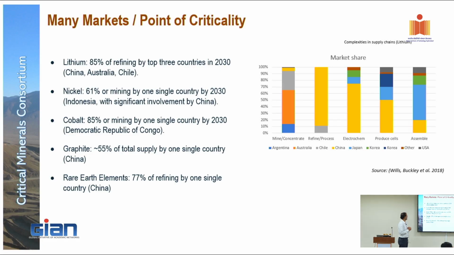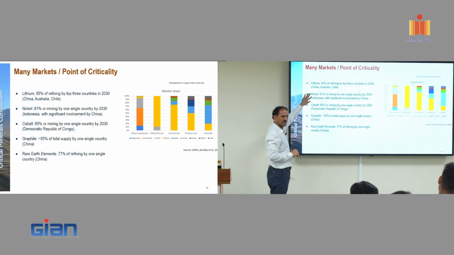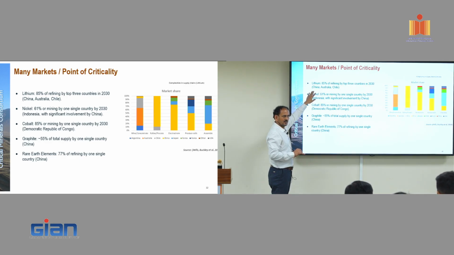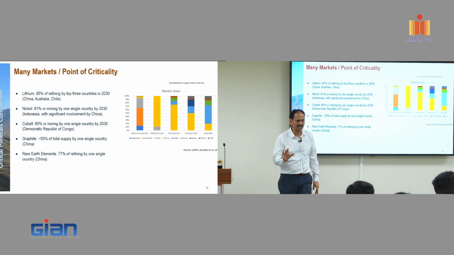Cobalt: the DRC, Congo. Graphite: China, of course. Rare earths are China. So cobalt is held by Congo, nickel is held by Indonesia.